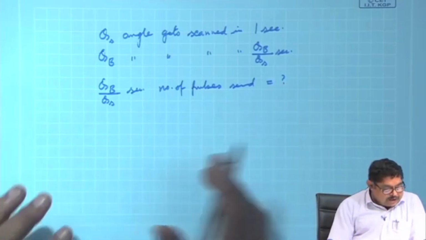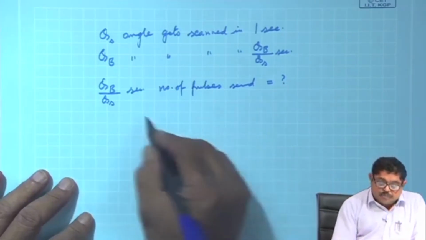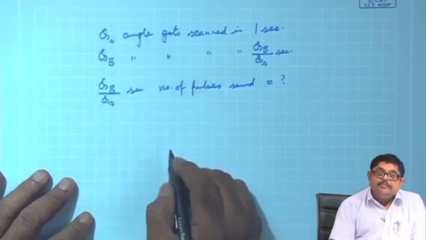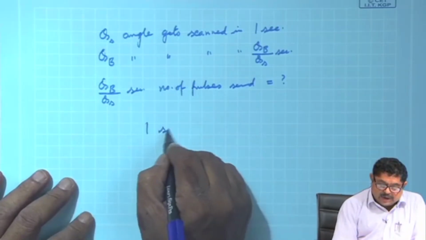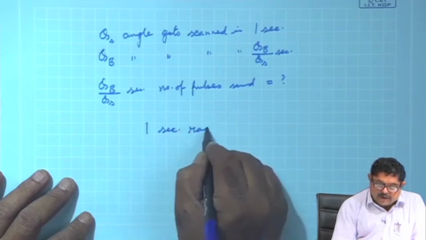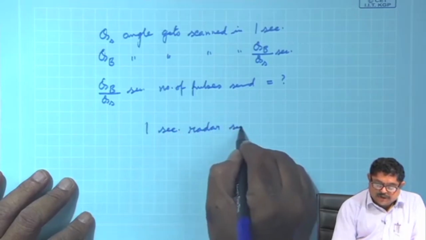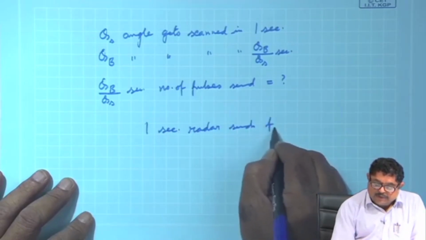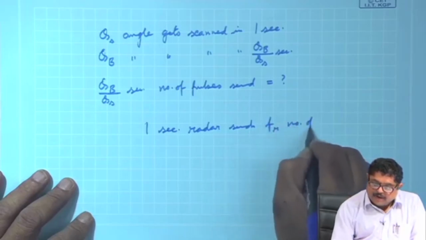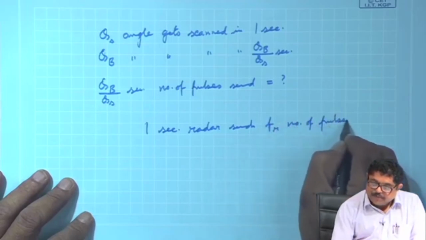So, that I can answer, because the PRF is given as FR, that means in 1 second the radar sends FR number of pulses.